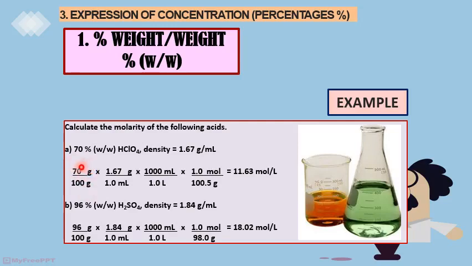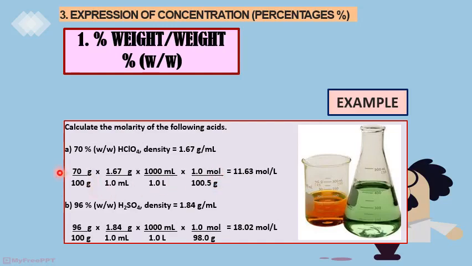So to convert 70 grams into mole, we divide by its molar mass. The molar mass is 100 grams with 1 mole. This is the conversion factor for the molar mass. Gram and gram will cancel out, so you will get the solute in terms of mole.